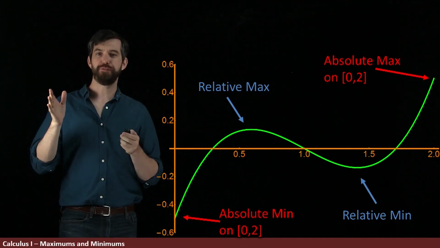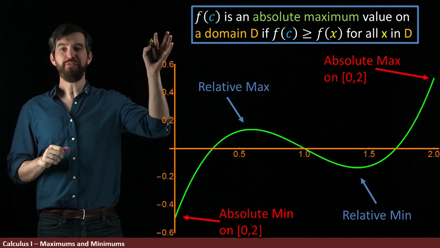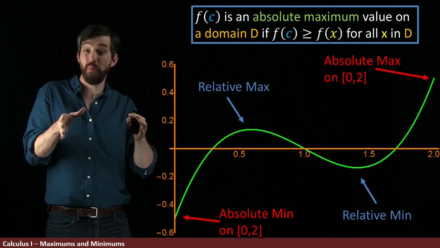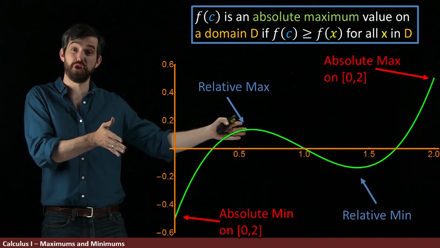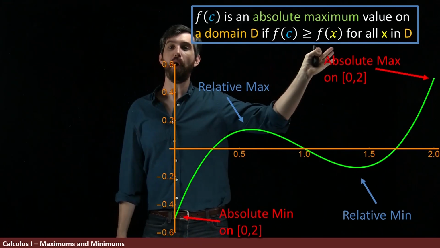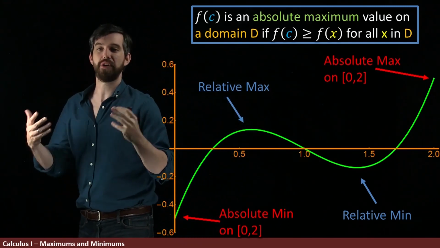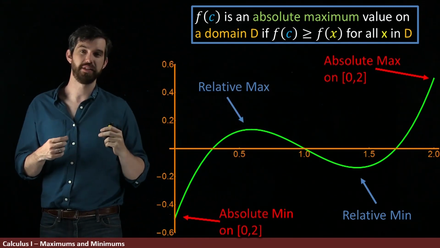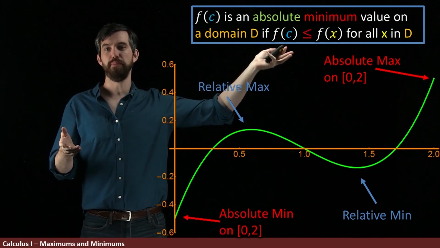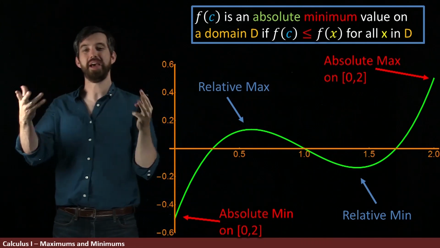We can define this formally by saying that f of c is going to be an absolute maximum on some particular domain. Here the domain is the 0 up to 2. If f of c is bigger than all the other f of x's for every other x in the domain, in this case, the 0 to 2. And then, of course, we could change it from maximums now to minimums, where I change the sign and we get the exact same thing.